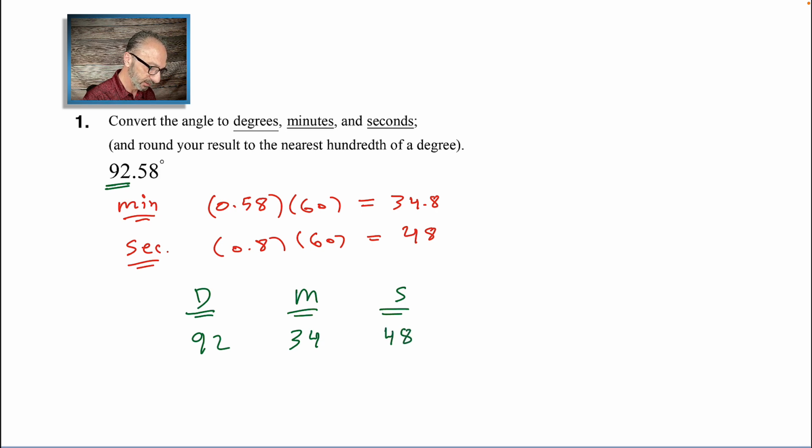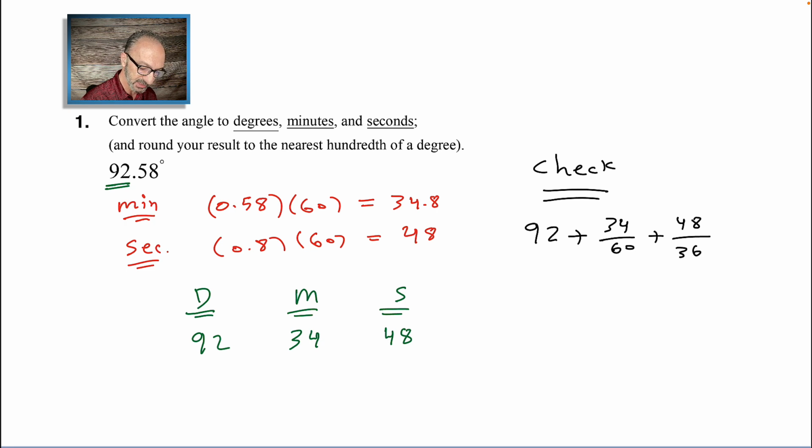To double check, you could check doing the following. 92 plus 34 divided by 60 plus 48 divided by 60 times 60, which is 3600. Double check on this on the calculator and it'll take you back to 92.58.